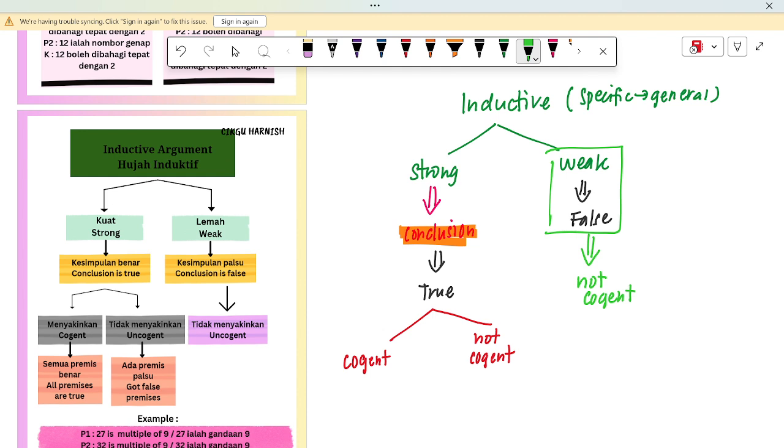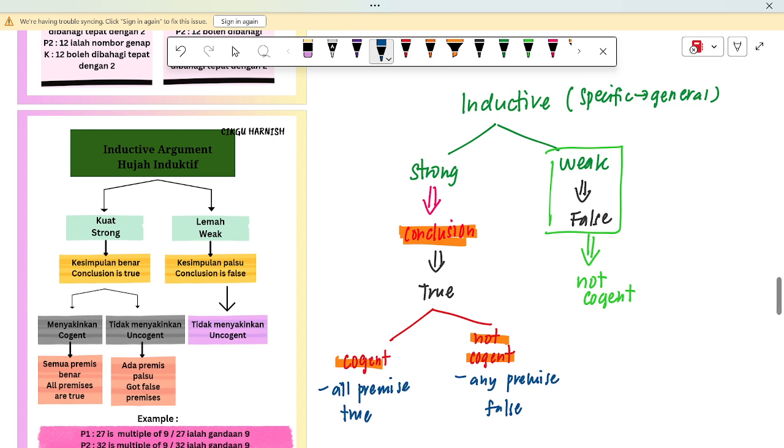But if your inductive argument is strong, where your conclusion is correct, then you need to determine whether it is cogent or not cogent. How will you determine that? If it's cogent, all your premises must be true. If any premise is false, premise 1, premise 2, or premise 3, it will become not cogent.